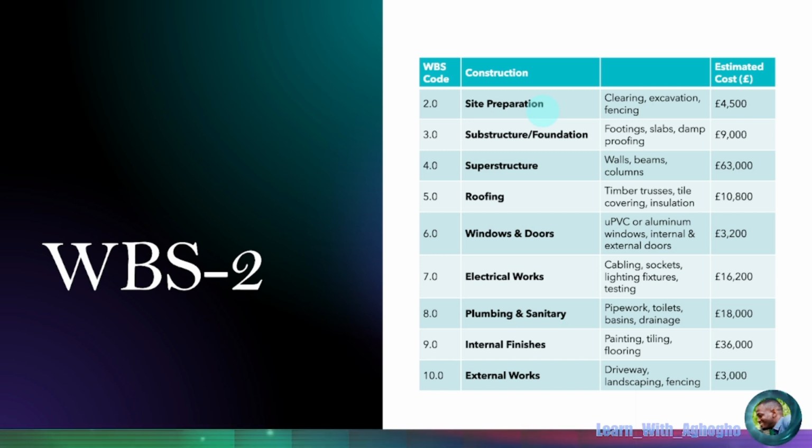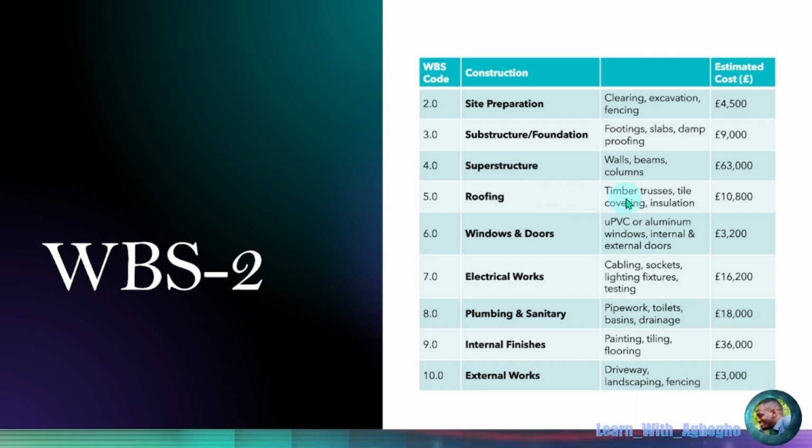Slabs, damp proofing, all these are done within the acceptable standard as specified. From there, we'll be moving to the substructure, which has to do with walls, beams and columns of that structure. And we'll be looking at the roofing.